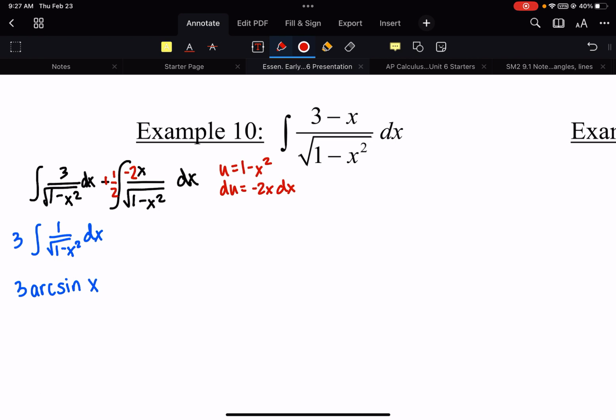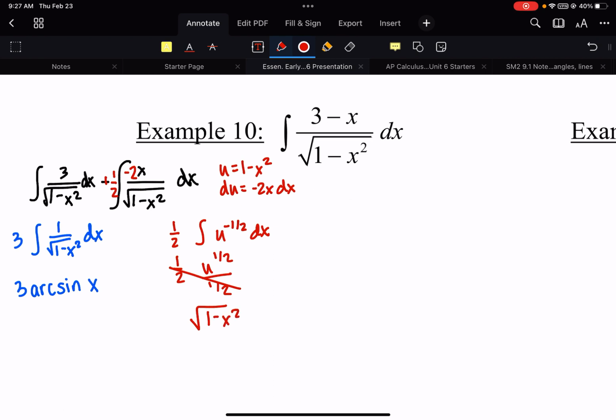So then I'm going to end up with 1/2 times the integral of u to the negative 1/2 dx. Then hopefully I'll do this addition right this time. I'll get u to the positive 1/2 divided by 1/2. And the 1/2 will cancel out, and I'll just end up with u to the 1/2, which is the square root of 1 minus x squared.